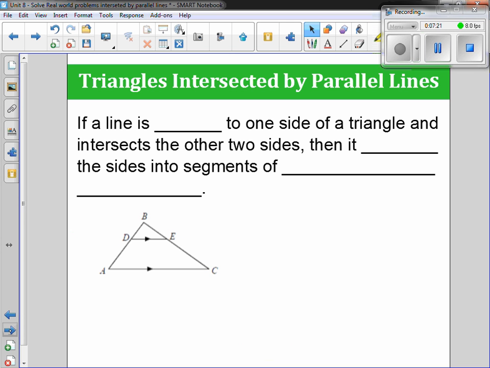Now we're going to take a look at if we have parallel lines. So if a line is parallel to one side of a triangle and intersects the other 2 sides, then it divides the sides into segments of proportional length.